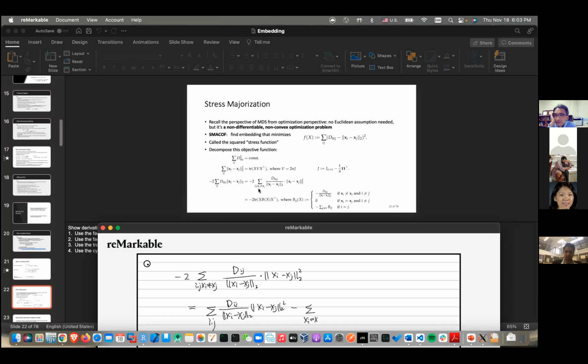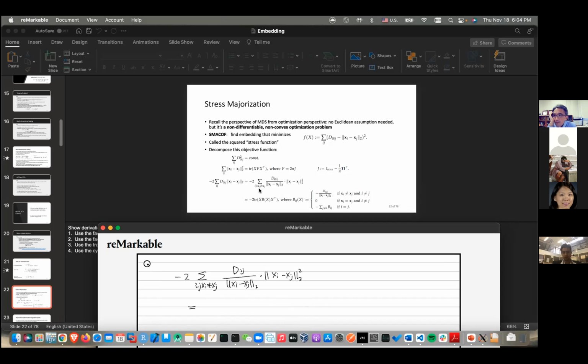Oh, actually, no. If xi equals xj, it is not well defined, so xi not equal to xj is actually an enforced constraint. Let me think.